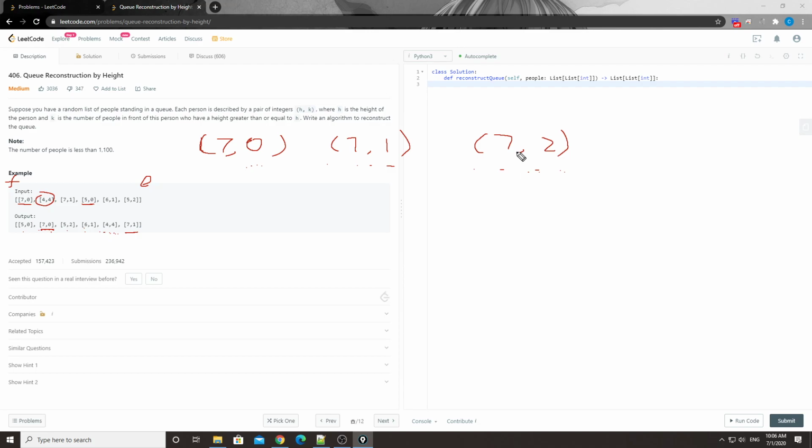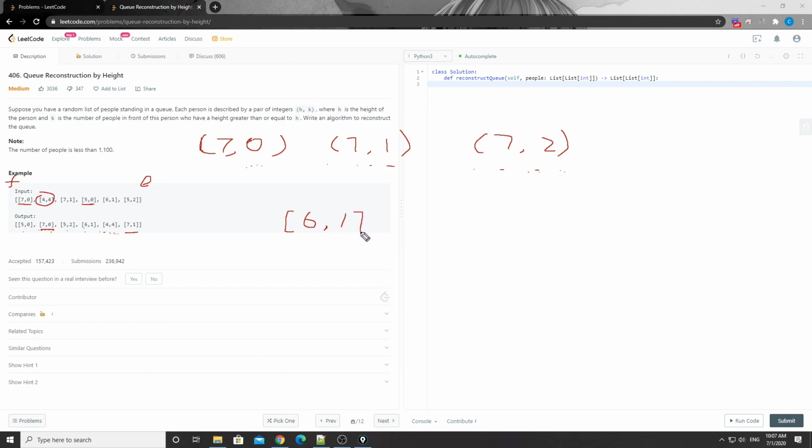Okay, so that's that. How about now? Let's try to add another person with a different height. Let's say we have a height 6, 6 1.